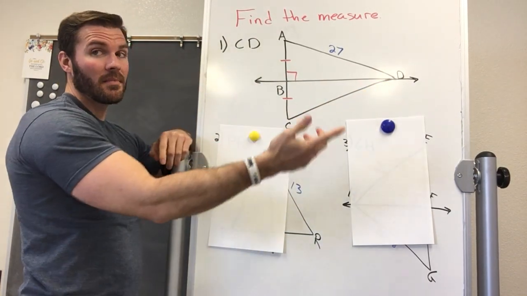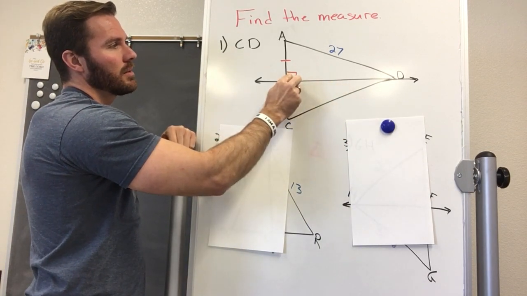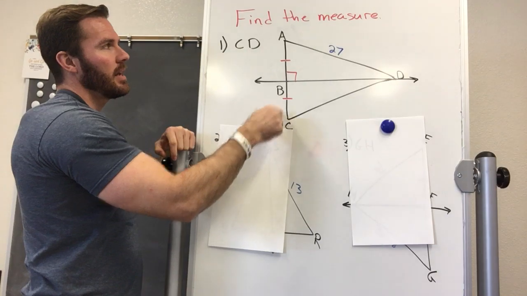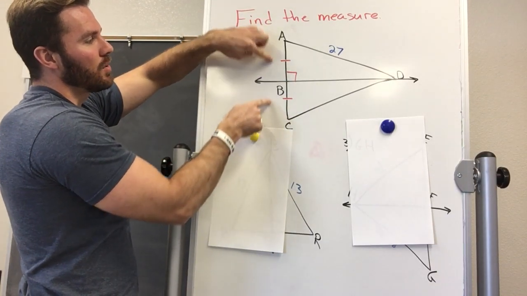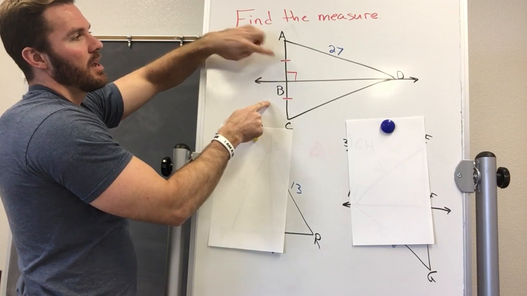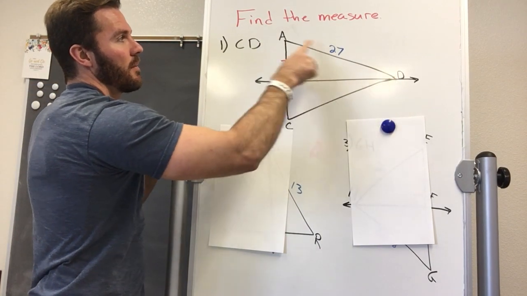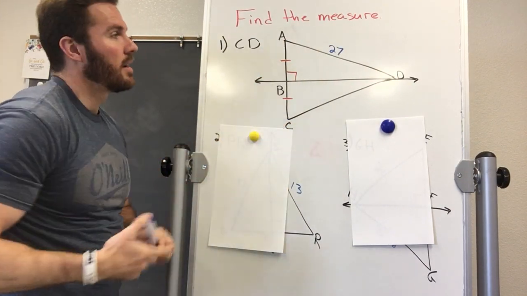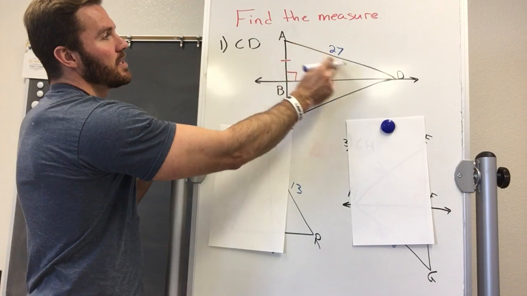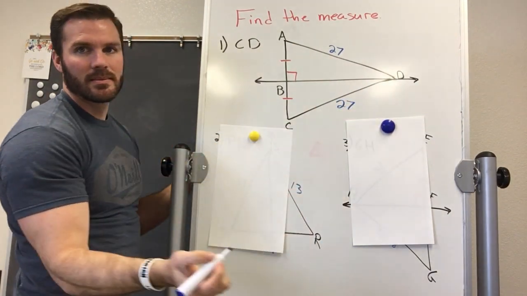Well, BD is perpendicular and it bisected AC. So AB and CB are equal. They're the same. So this point must be equidistant from the endpoints, like the theorem said. So if this is 27, CD is going to be 27.